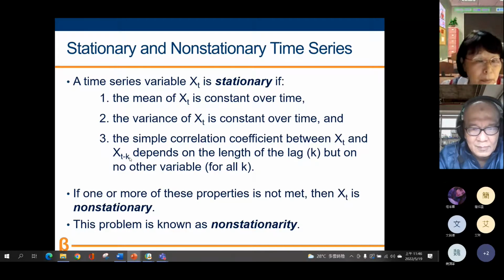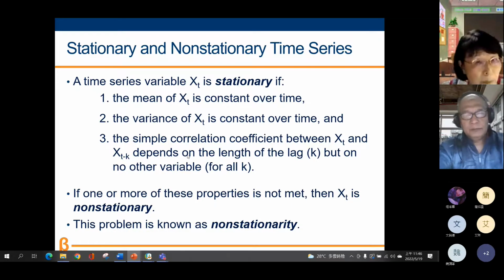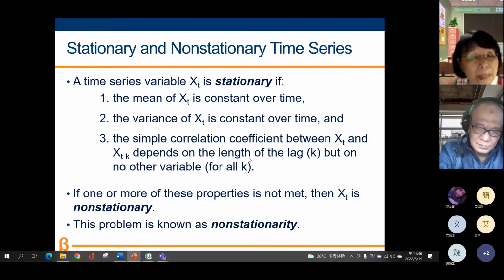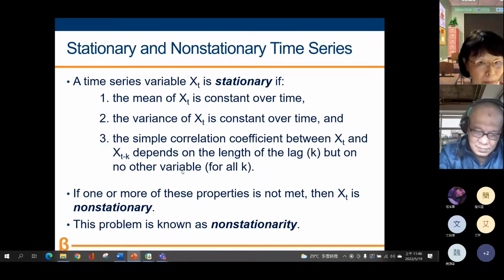If we have k equal to 2, meaning 2 periods, then the simple correlation coefficient between x_t and x_{t-2} depends only on the length of the lag k, because it only depends on these 2 periods instead of other variables.